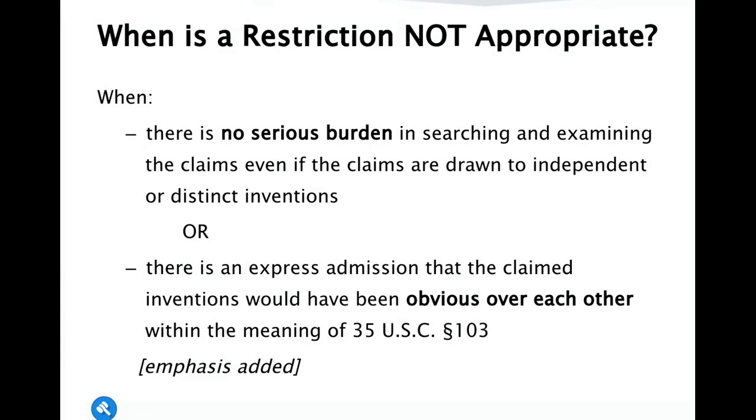Therefore, if the examiner cannot prove that there is a serious burden in searching and examining, then restriction is not an option. In addition, if there is an express admission that the claimed inventions would have been obvious over each other within the meaning of 35 U.S.C. 103, then a restriction would not be appropriate.